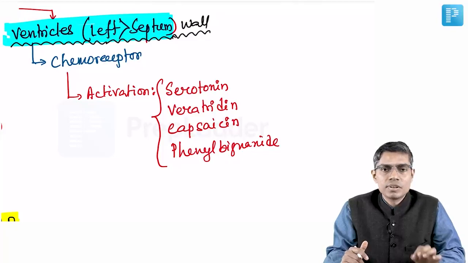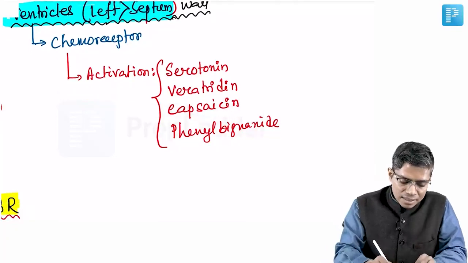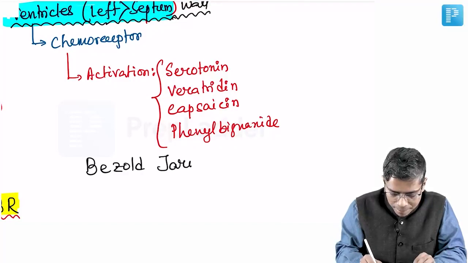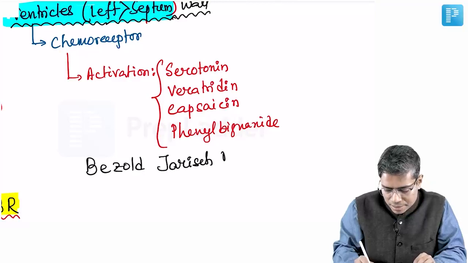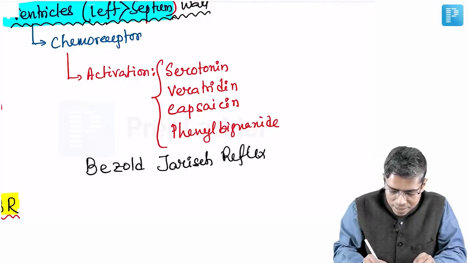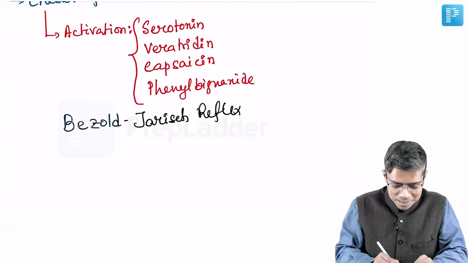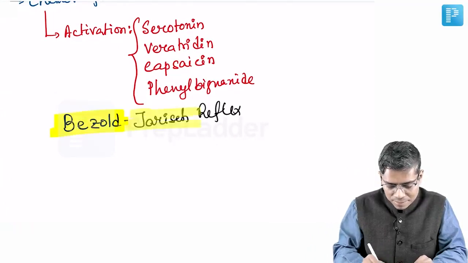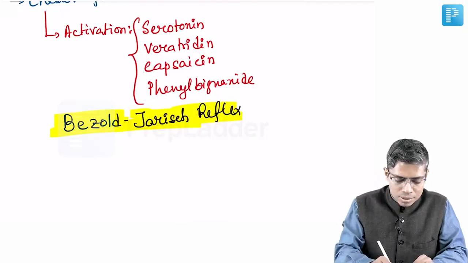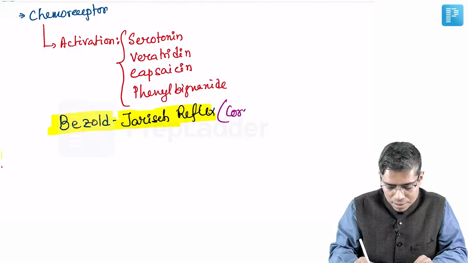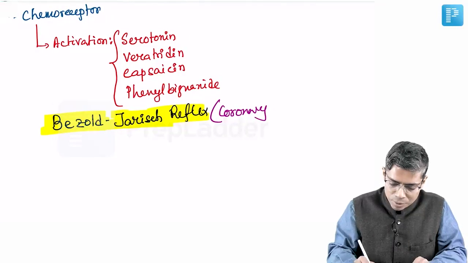One reflex will be activated, and that reflex is known as the Bezold-Jarisch reflex. So the very famous Bezold-Jarisch reflex is also known as the coronary chemoreceptor reflex.